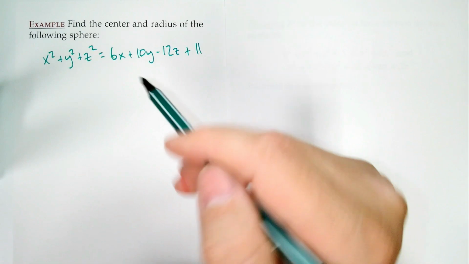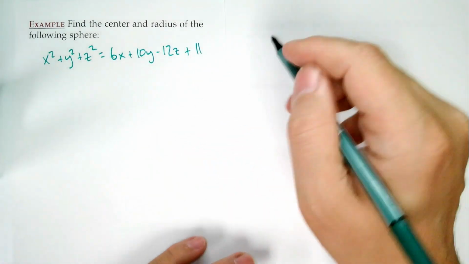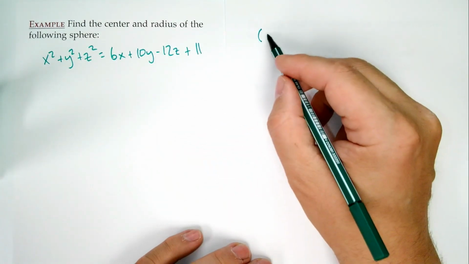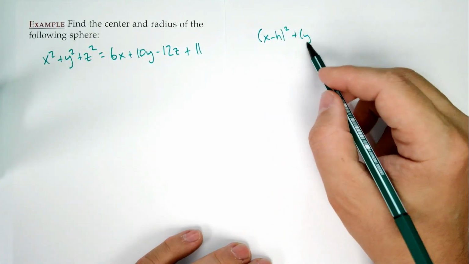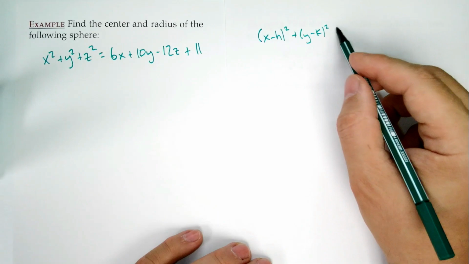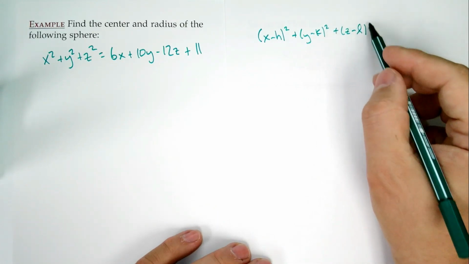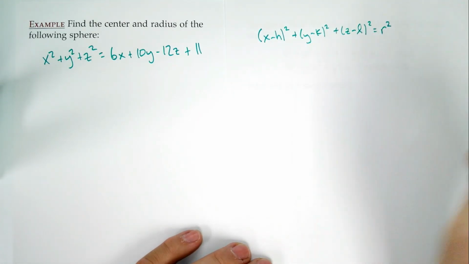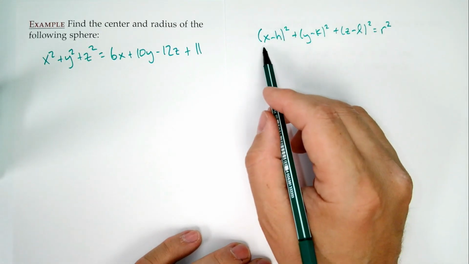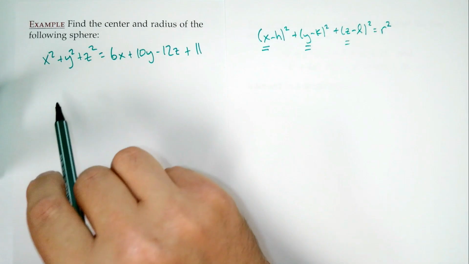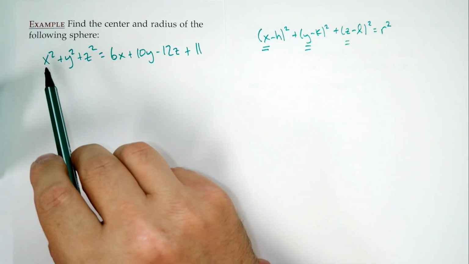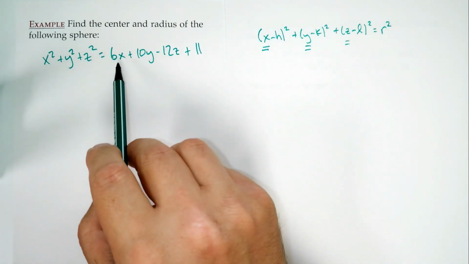To understand that, we ask, what's the right form for a sphere? Let's make some notes. Recall, it's (x minus h) squared plus (y minus k) squared plus (z minus l) squared equals r squared. So we really want just a single x, a single y, and a single z. Right now we don't have that. We have the x on one side, but it's also on the other side.